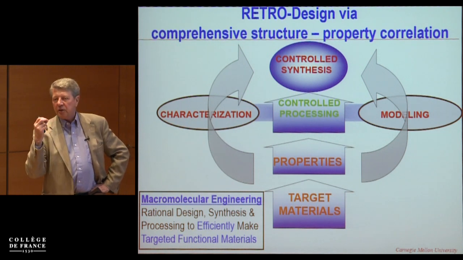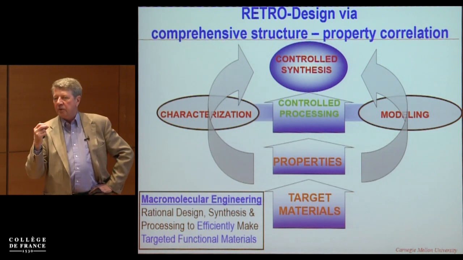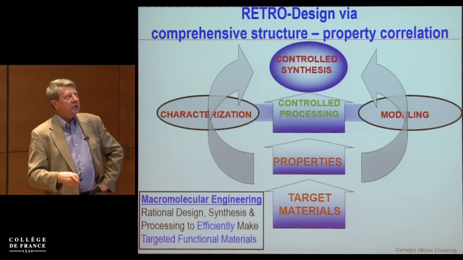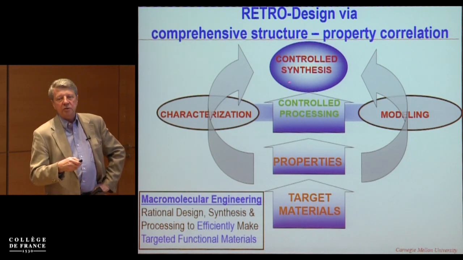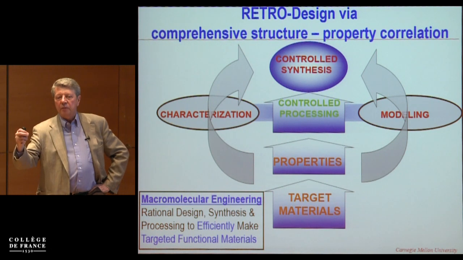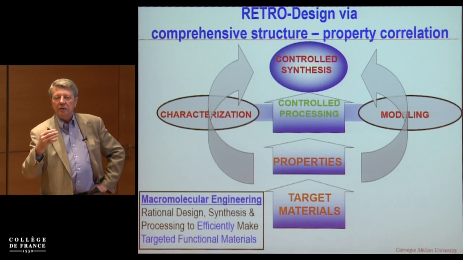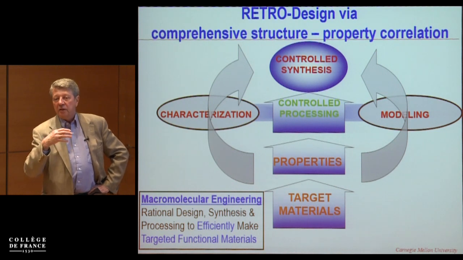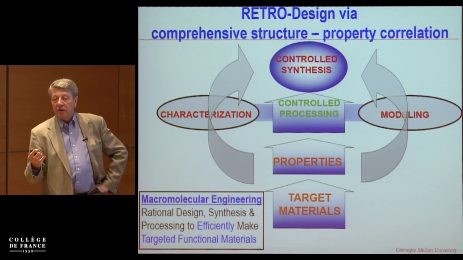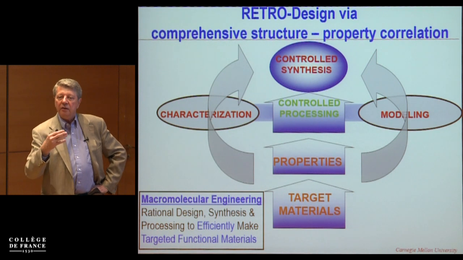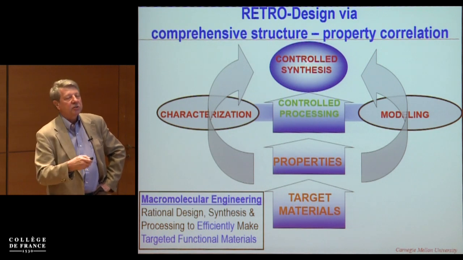And you start really with the idea why to do something. And then you try to translate it to the structure which you can draw on paper. Essentially, what would be a topology? What would be composition? What would be a functionality? And how you can really control this polymerization would be the next step.